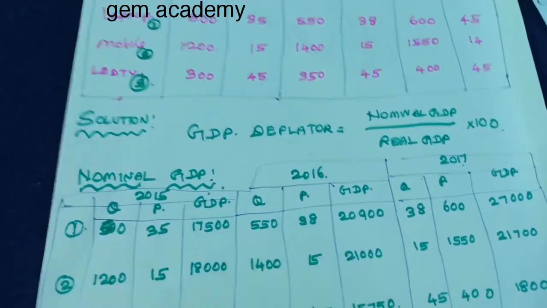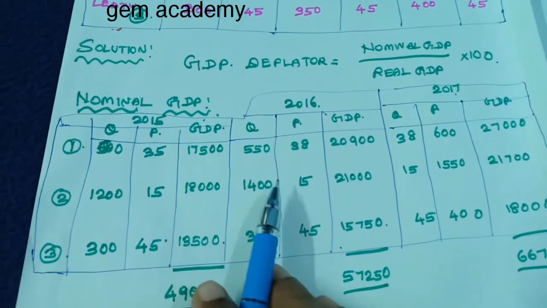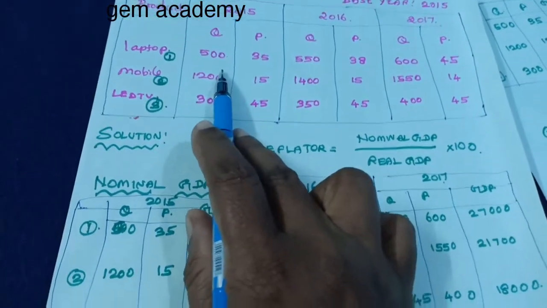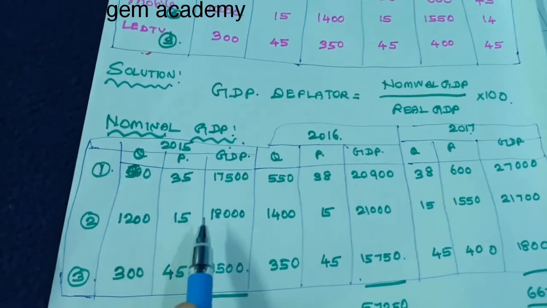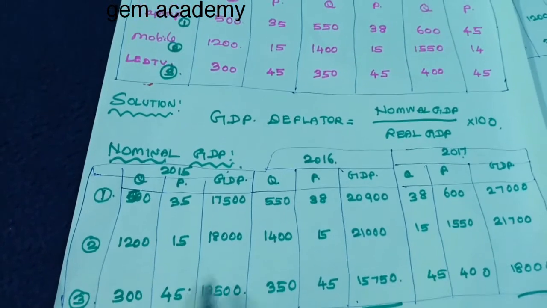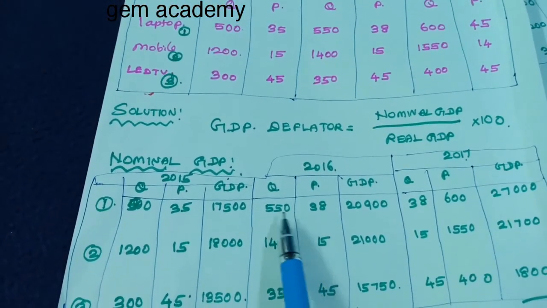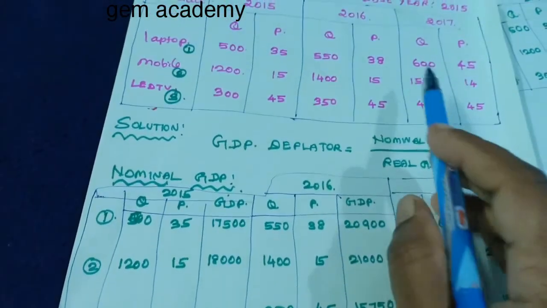And to find the nominal GDP, the same table is rewritten here. For the same year, 500, 35, 1200, 15, 345. 550, 38, 1400, 15, 350, 45.